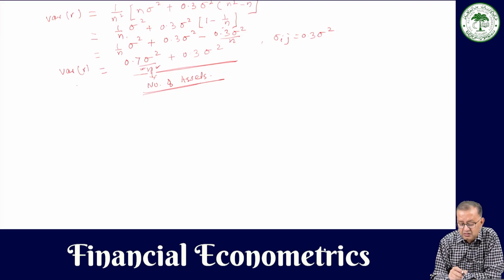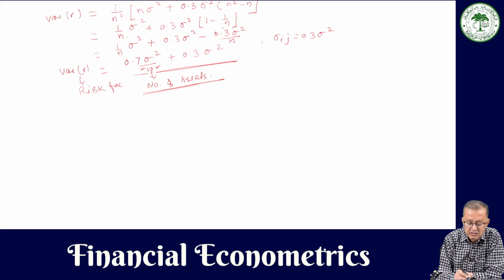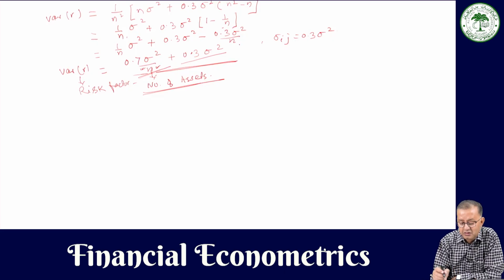So this variability, or what you may say this risk factor, goes down if we increase the number of assets. So this is one part of this equation. The second part of the equation is independent of n: 0.3 sigma square.